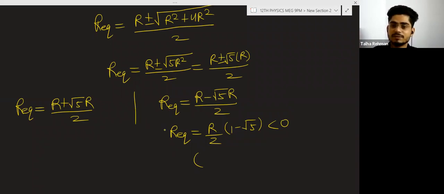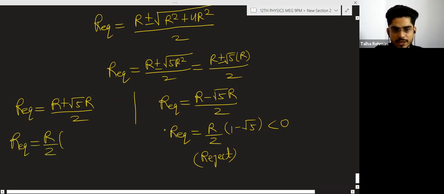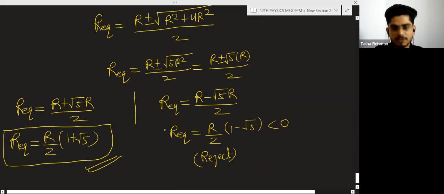So you will reject this, like we do in the quadratic form. So the answer is, you take common, you will get 1 plus root 5. This is the final answer of this type of combination.